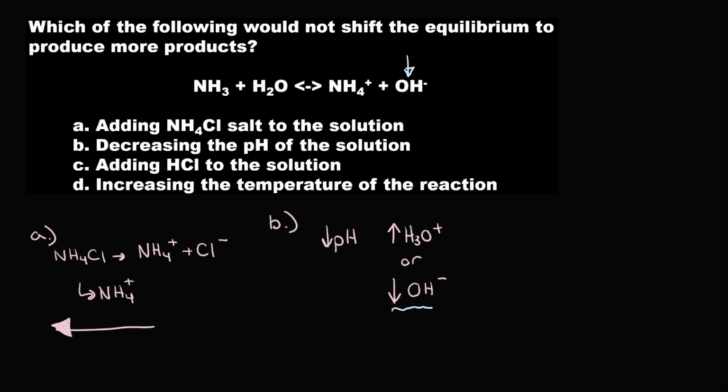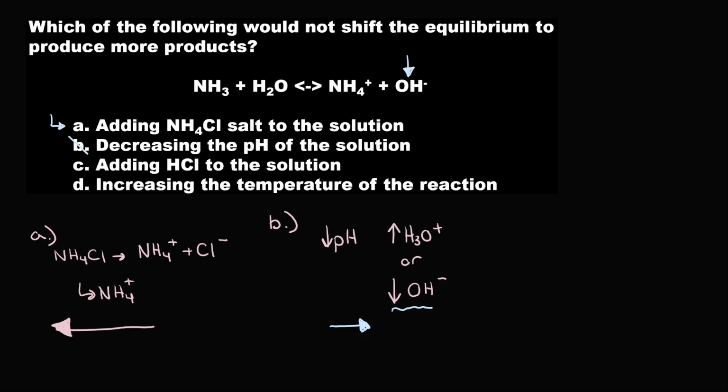If we decrease our OH- concentration, in order to make up for removing some of that product, it's going to shift towards the product side. So that can't be our correct answer because we're looking for the answer that doesn't. And so far, A is a very good potential answer.